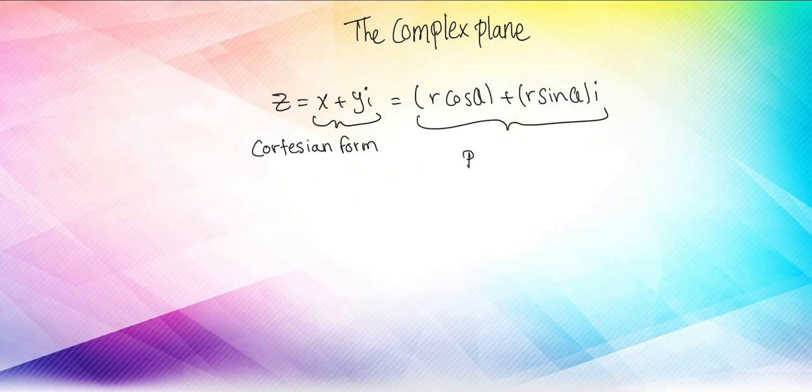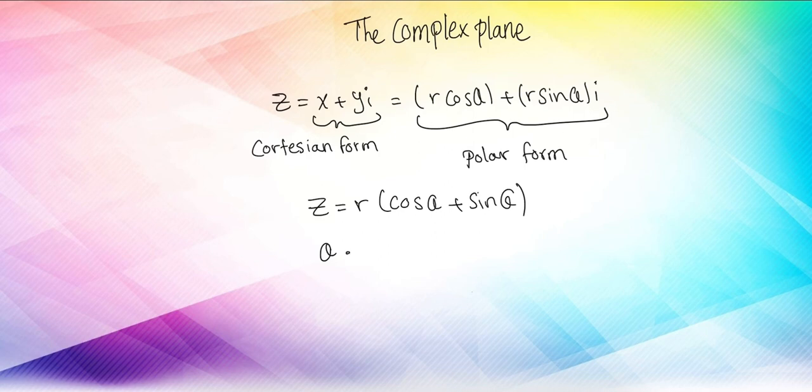Z equals r (cos θ + i sin θ), and θ is the argument of z.